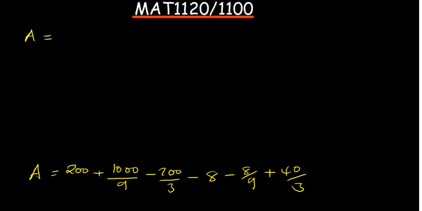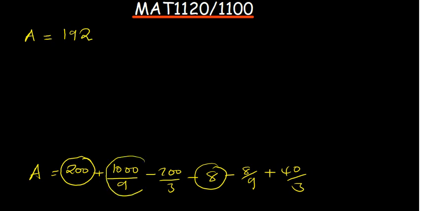Okay, so from here I'm first going to work out those things which I can work out easily. A 200 minus 8, that is going to give us what? 192. This one has got a denominator of 9, this one has a denominator of 9 also. So I'm just going to subtract what's on top. 1000 minus 8.